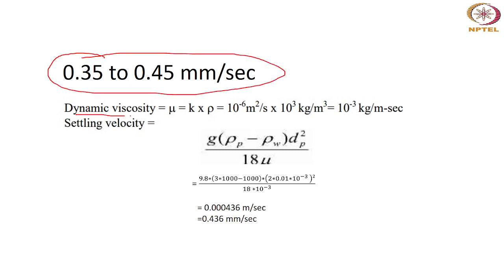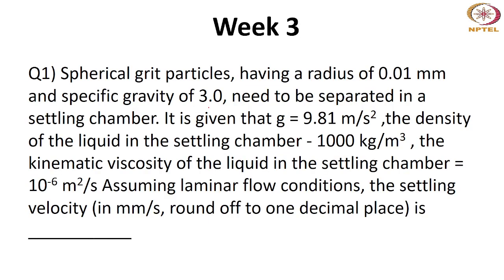So we know how to calculate dynamic viscosity from kinematic viscosity, right? So this dynamic viscosity mu will be nu multiplied by rho. So what is the value of rho here? It is given as the density, 1000 kg per meter cube, right?